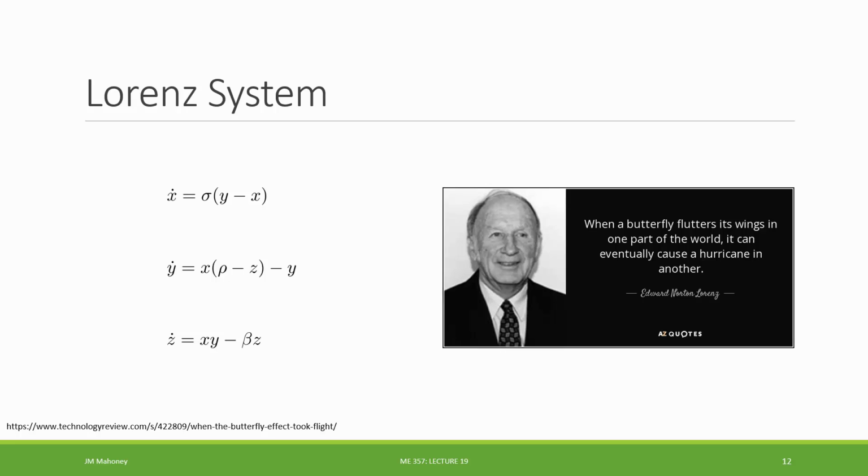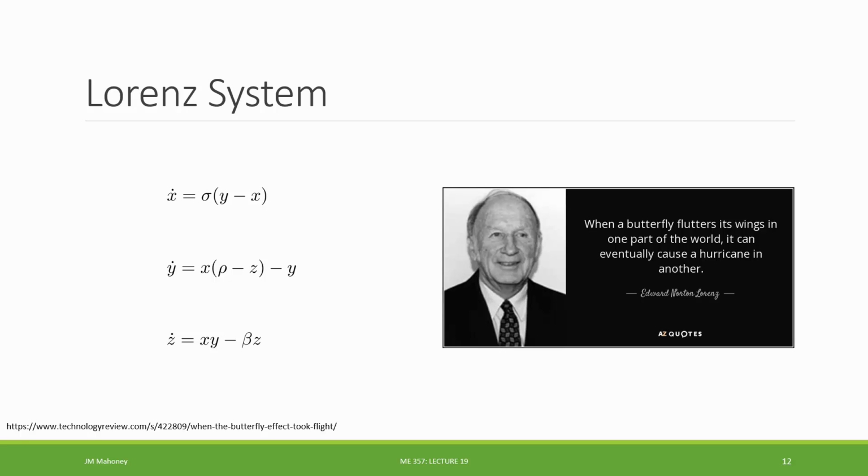If we look at the y dot, however, let's say we expand that out, rho times x, that's okay, rho is a constant, minus x times z. Well, we didn't encounter this before in linear systems, since they were linear. We have a state variable times another state variable. That makes this a nonlinear system already. And then we have that minus y, that's okay. But we do have an x times a z, so that presents a problem.